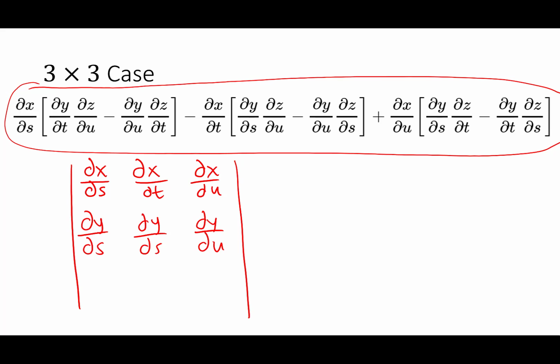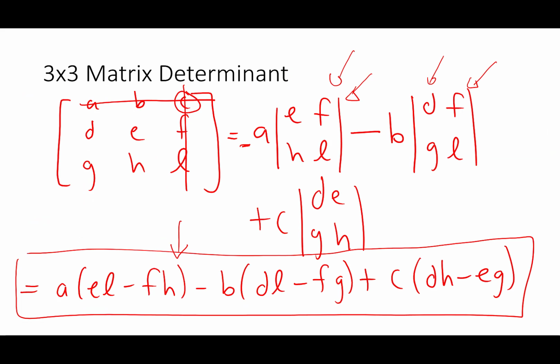And then the last row is all possible partials of z. dz dt, dz du. So the Jacobian can be thought of as the determinant of this 3 by 3 matrix, which, again, to find that, you use this formula here.